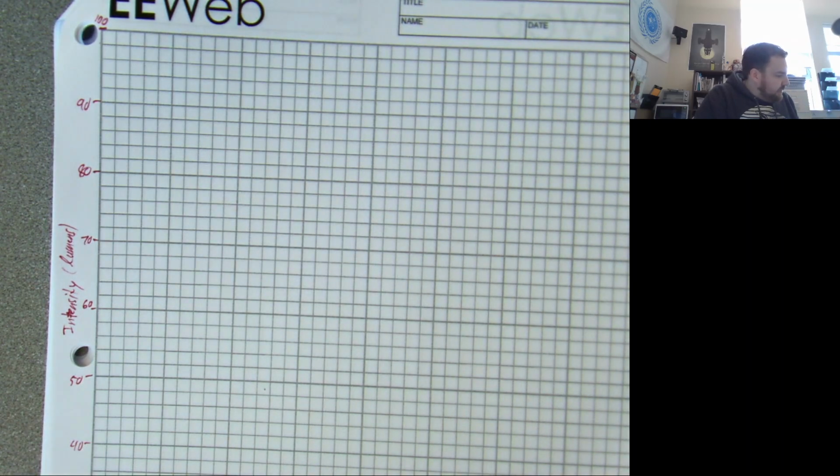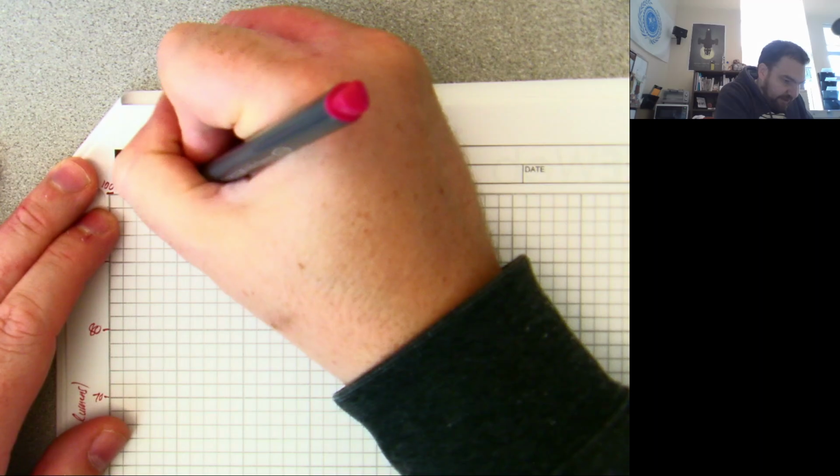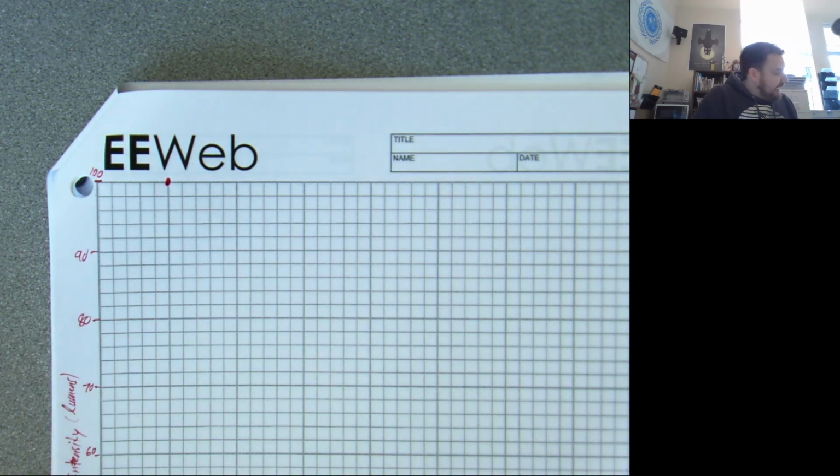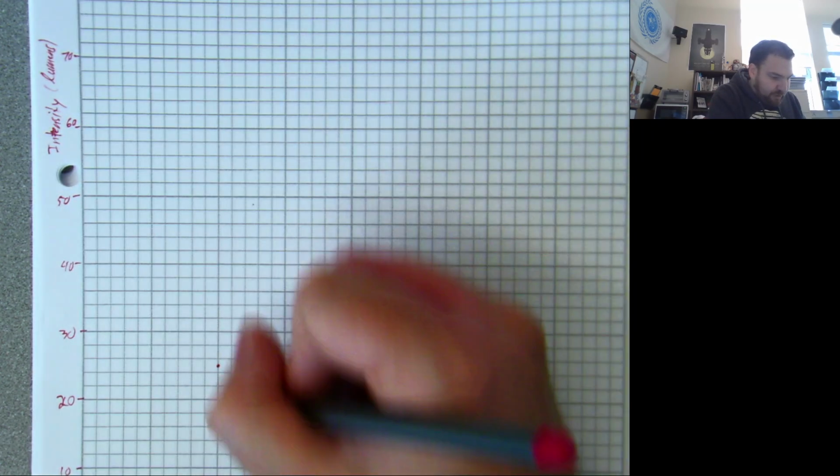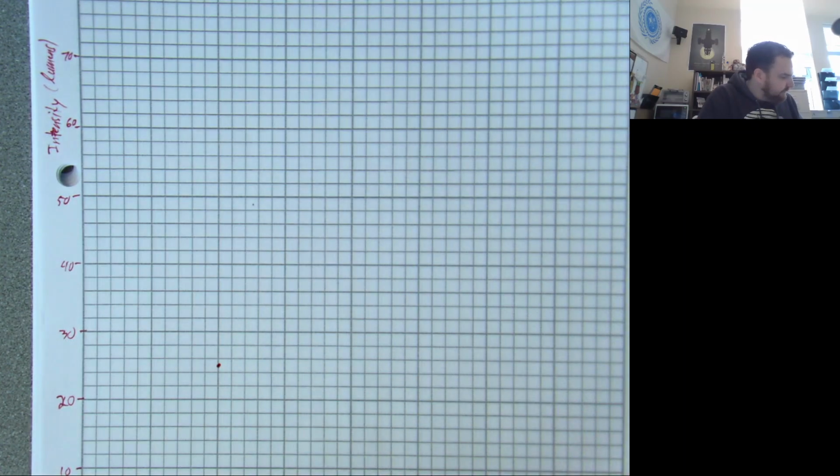So then the data says that at 10 meters, the intensity is 100 lumens, so that's going to be one of our data points right there. At 20 meters, it's 25, so that's a substantial drop. So 25 is halfway between 20 and 30. So for 20 meters, I'm going to put it right in the middle there.